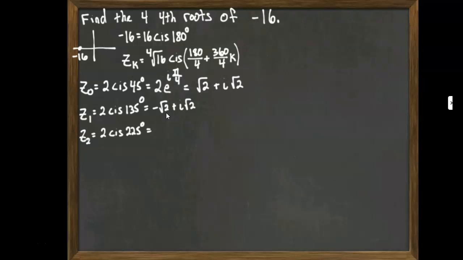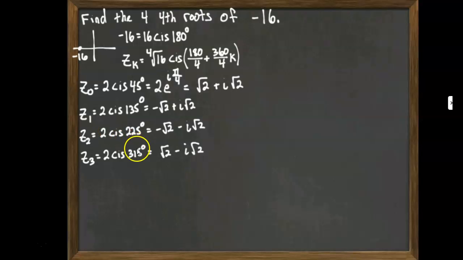Z2 would be 2 CIS 225, which when we work that out would be negative square root of 2 minus i square root of 2. And then finally, Z3 would be 2 CIS 315 degrees, which would be square root of 2 minus i square root of 2.